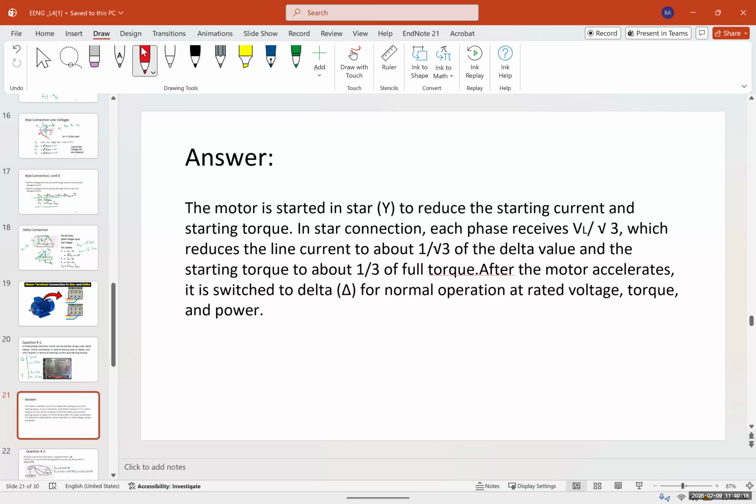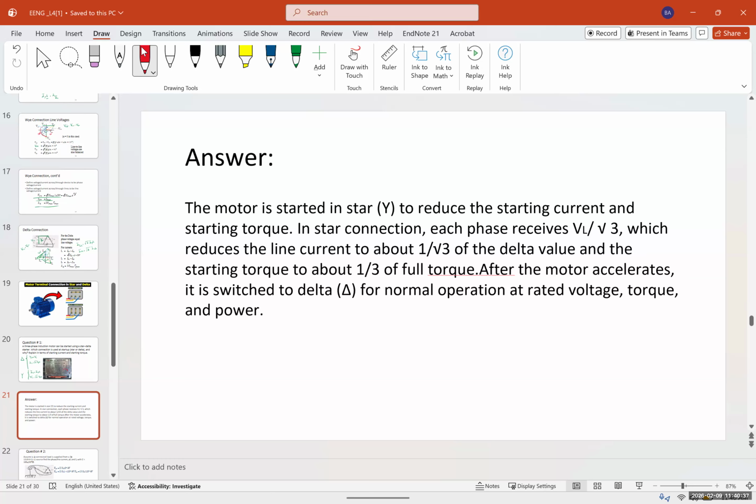So Y connection has lower torque, delta connection has higher torque. Y connection has a current which is 1 over square root of 3 times less than delta connection. Therefore, you're going to have a lower current.